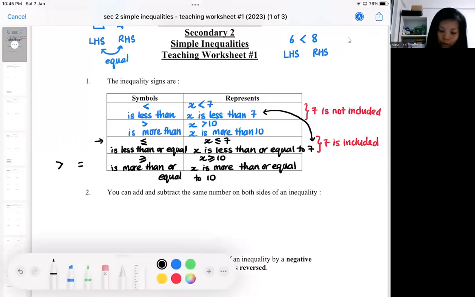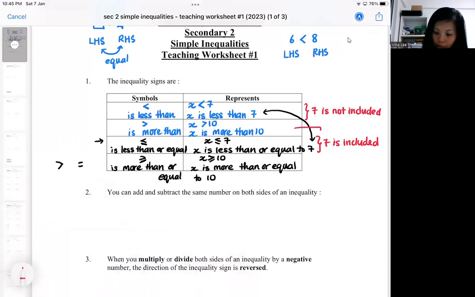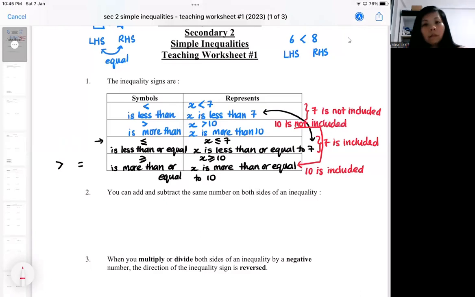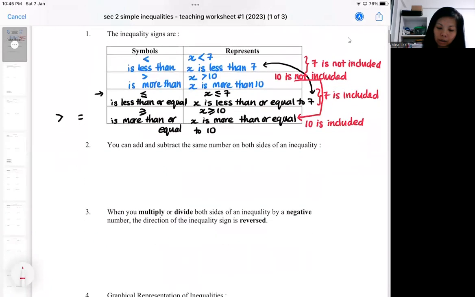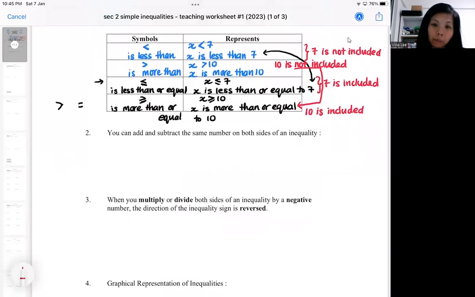The difference between these two: in the last one where there's an equal sign, 10 is included. In this part, 10 is not included. So the equal sign makes a little bit of difference. Generally, these are the symbols and what they represent.